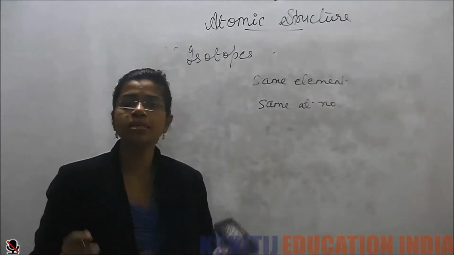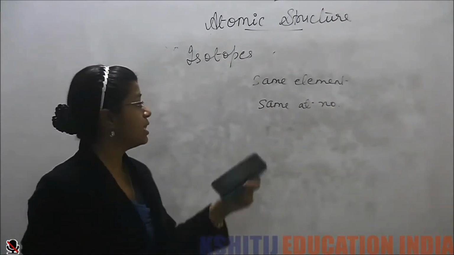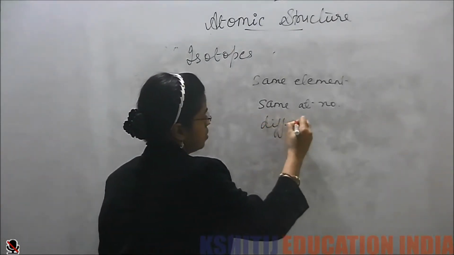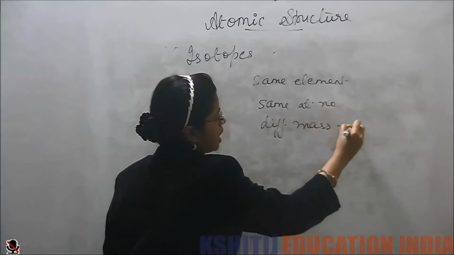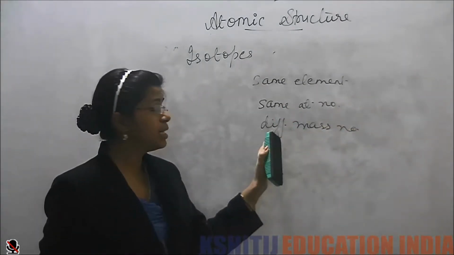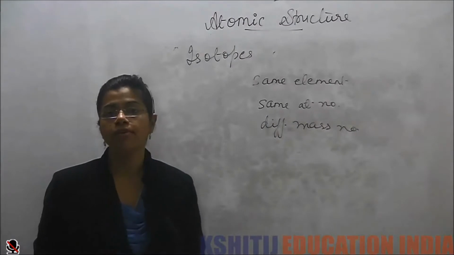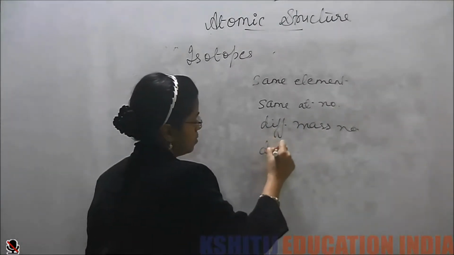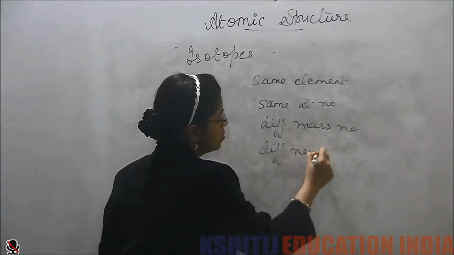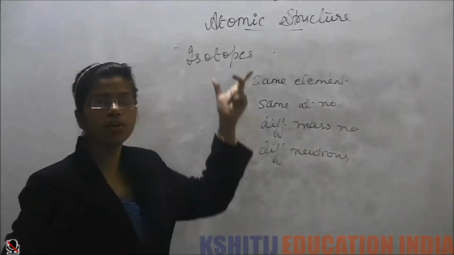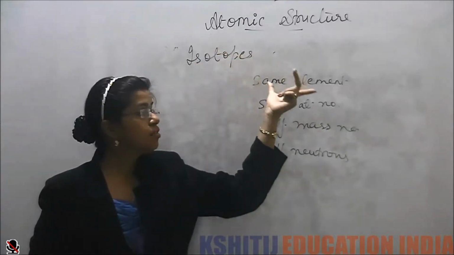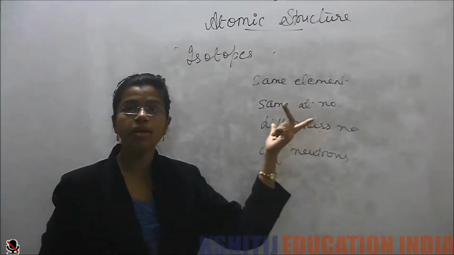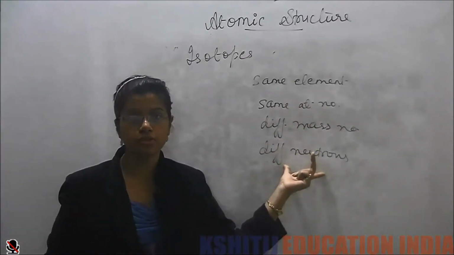Number of protons will be same in those cases, but they will have different mass numbers. Same atomic number but different mass number. Why? Obviously, because of different number of neutrons. So they are called as isotopes. Atoms of same element having same atomic number but different mass number due to different number of neutrons.